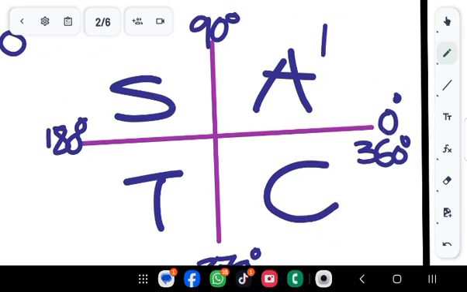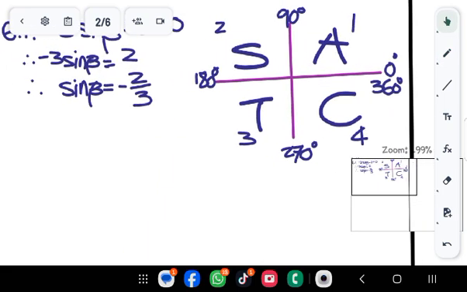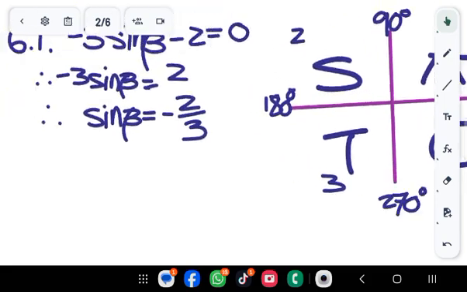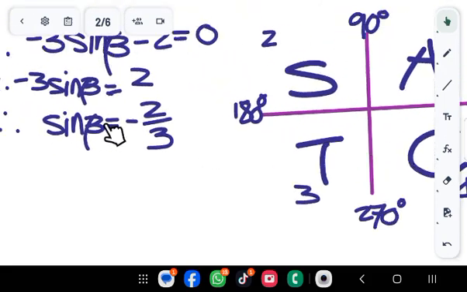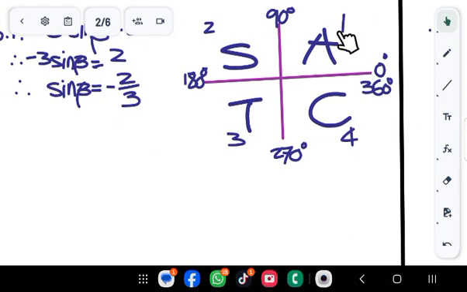Let's label the quadrants so you can see. It can lie anywhere between the first, second, and third quadrant. Now, question is, where exactly does it lie? It should be where your sine of beta is negative. Sine is positive in the first quadrant and negative in the third quadrant. The only quadrant, within the restrictions we're given, where it is negative is the third quadrant.